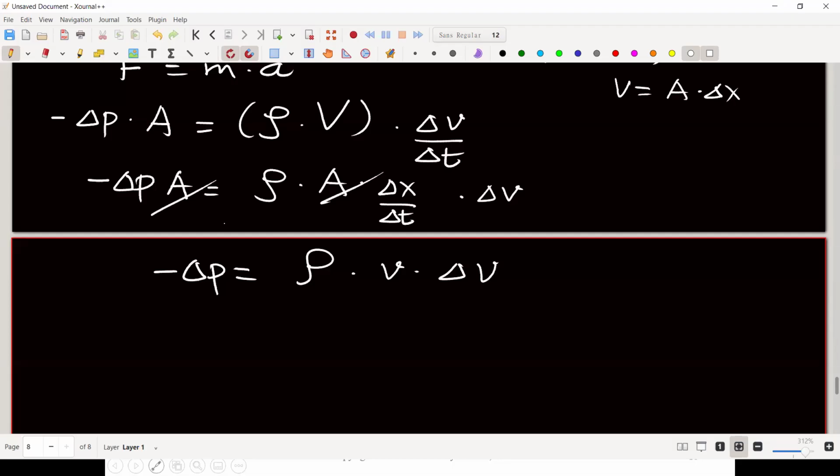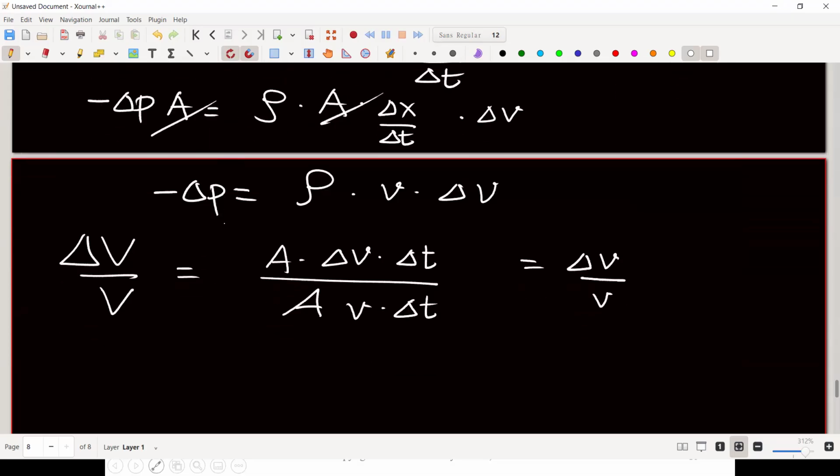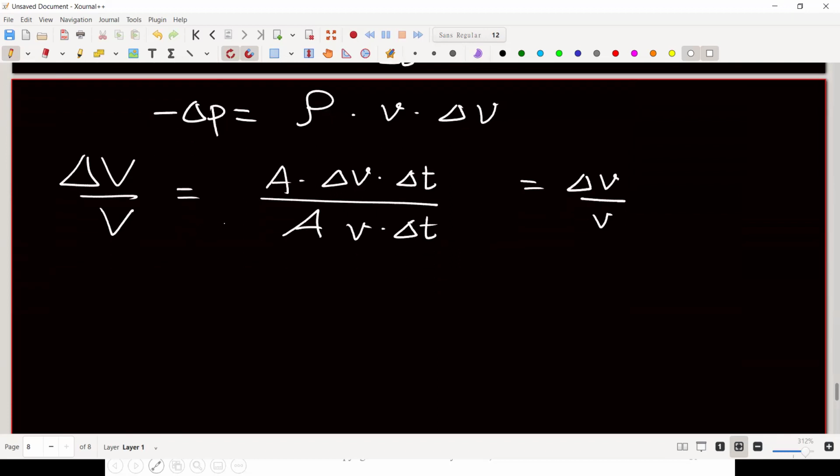Then we can calculate the delta V divided by V is A delta v delta t divided by A V delta t. Okay. I mean, the difference of velocity is equal to difference of volume.